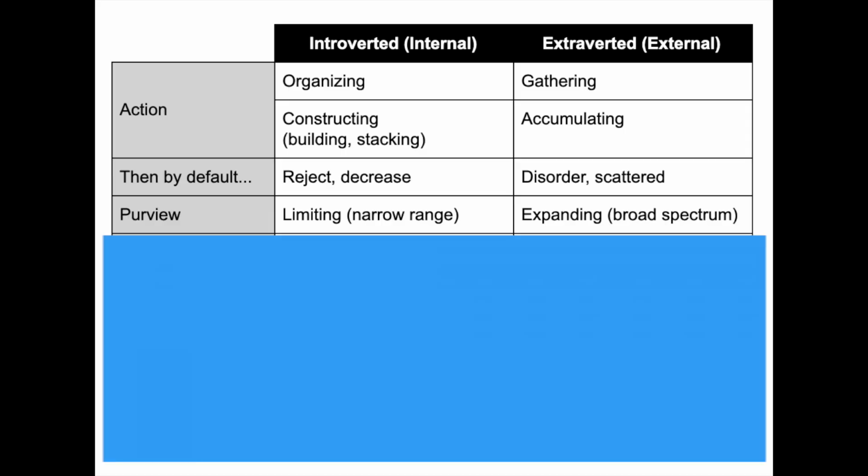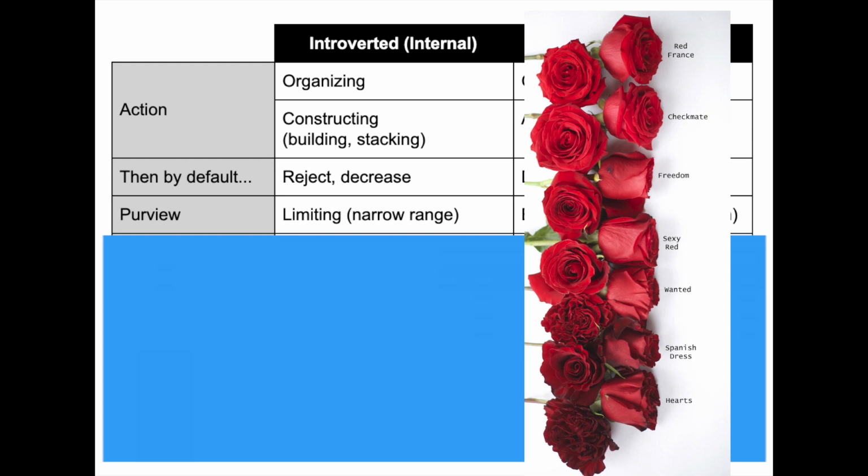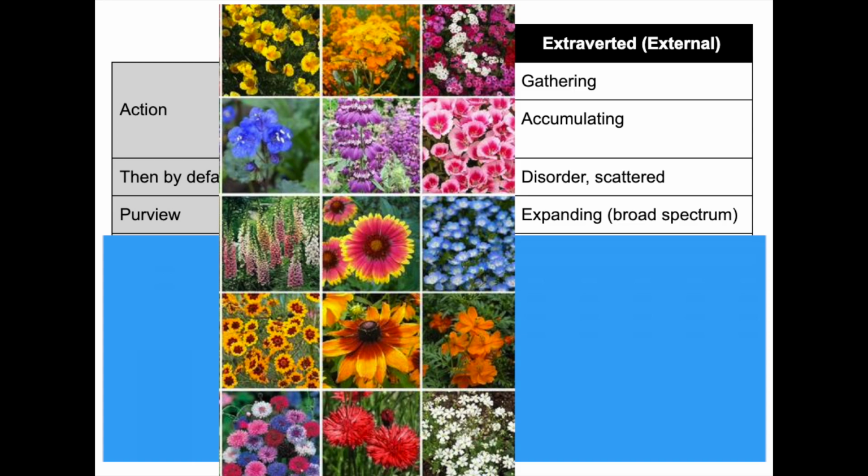So the next characteristic we're going to look at is the purview, or the range in which it functions. For the introverted function, you see that it's limiting. It's a very narrow range. And for the extroverted function, it is expanding. It is growing. It is a broad spectrum. The next characteristic is point of view.